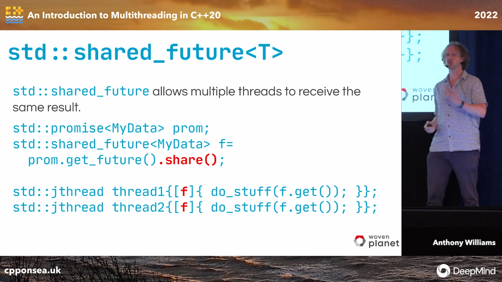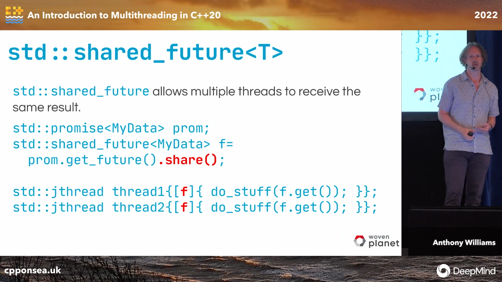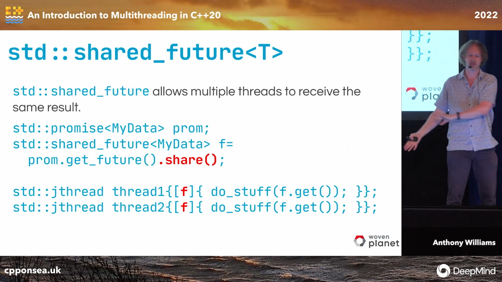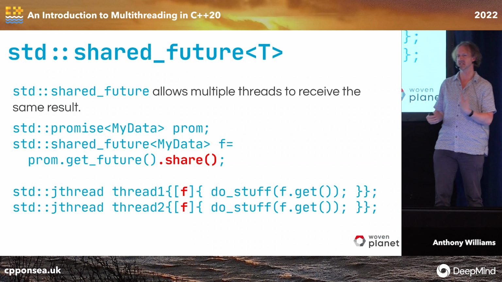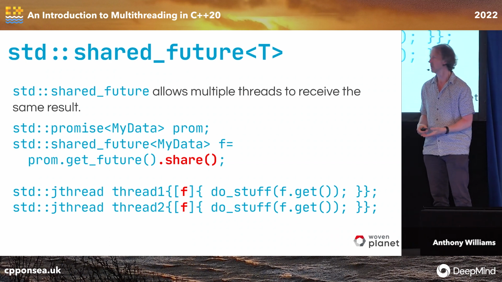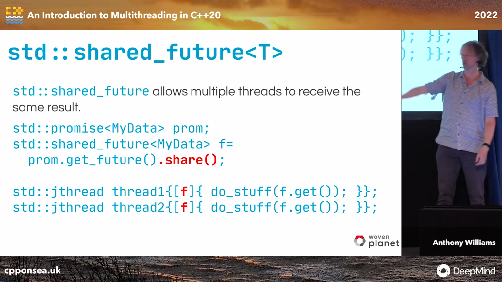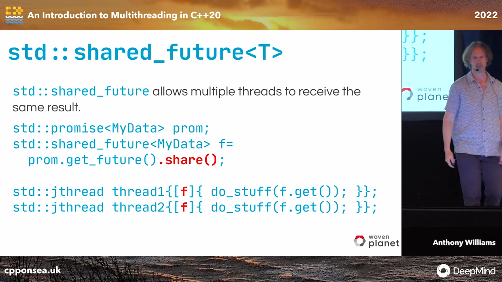If you want the data multiple times, or you want to retrieve it in multiple places, use shared future, which you can just move a normal future into, or you can call explicitly share, which does that for you and gives you an appropriate shared future. And so then you can have two threads that capture the same shared future and both call get, and that works fine.